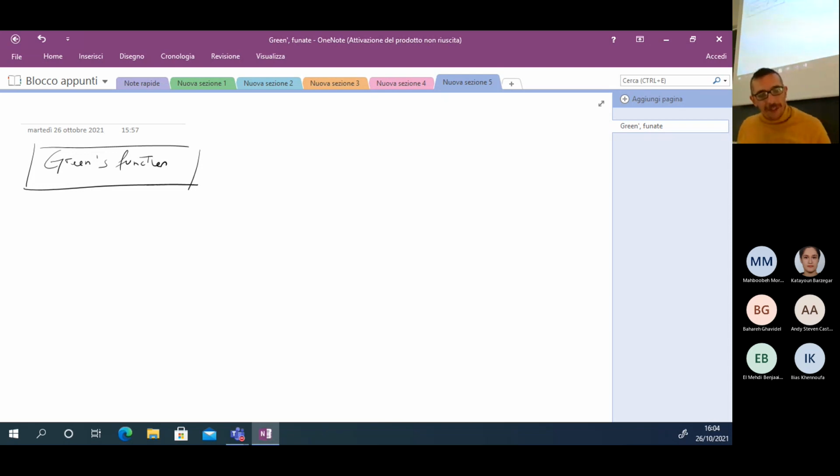Okay, let's consider the Sturm-Liouville problem, and I will write it in operator notation.